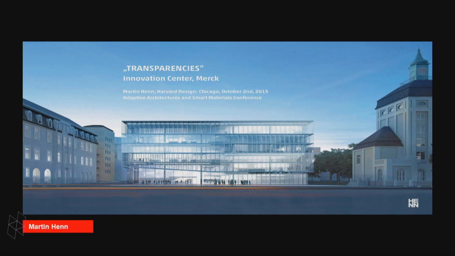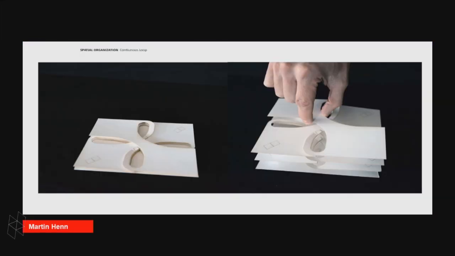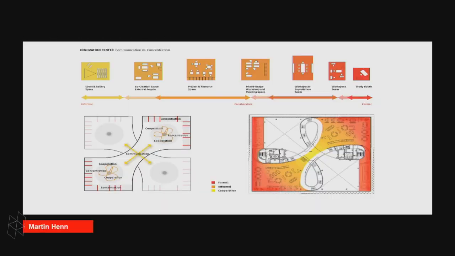And one of the speakers, Martin Henn, is designing the Merck headquarters in Darmstadt, and he showed an innovation center that he's working on where they are deploying a lot of these materials as a showcase. It's actually a pretty cool building. It's got this quadrifoil organizational structure.